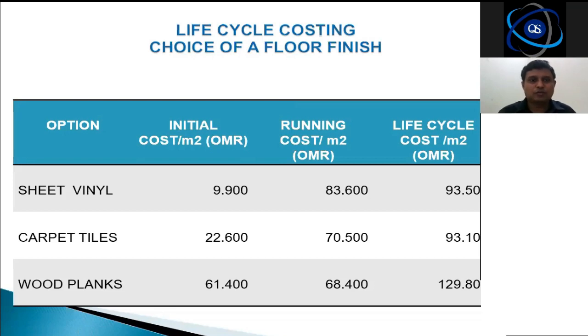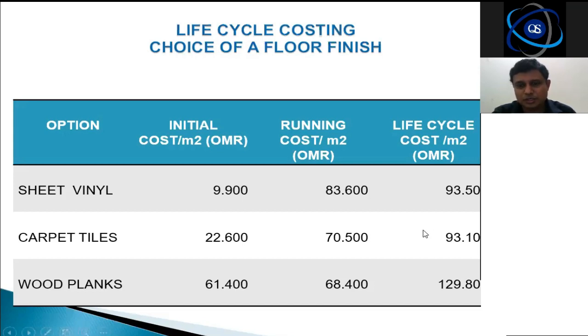Because sheet vinyl has to be replaced very frequently, when you are talking about carpet tiles, you should benchmark it with the same time frame. And the wooden planks, it becomes 129. Then you will come up with the second option, carpet tiles, if you are talking in terms of cost only.